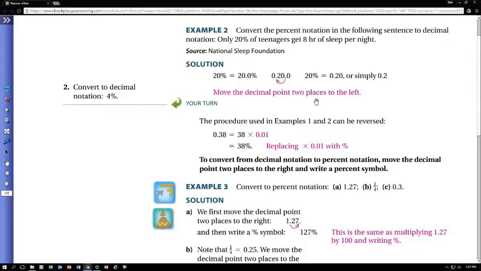Well, 20% means 20 hundredths. And they say 20% is 20.0%. I don't know why they would write the decimal in there. Really, they're just trying to introduce a decimal. And then I would divide 20 by 100, or consider this to be the fraction 20 over 100.